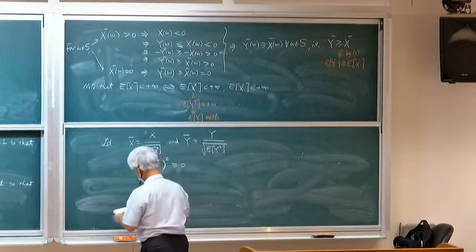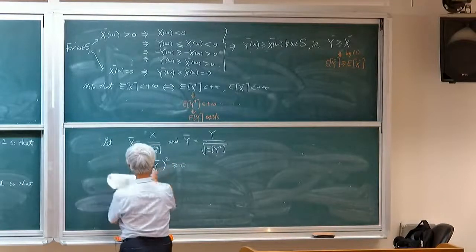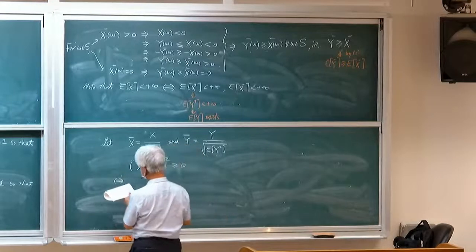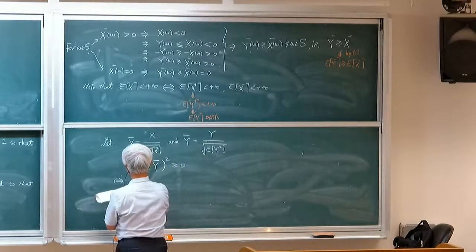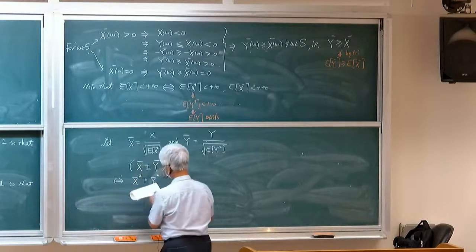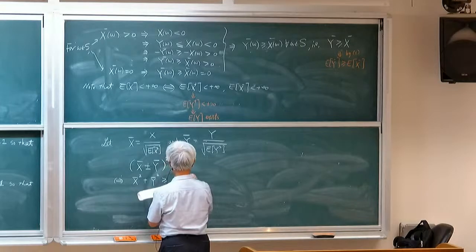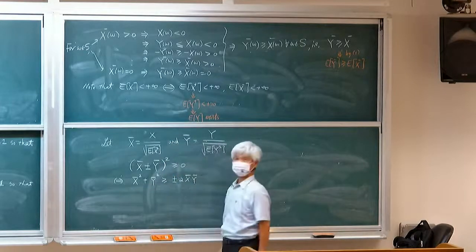So if we factor out the square, we have the square of x bar plus the square of y bar greater than or equal to plus minus 2 times x bar and y bar.